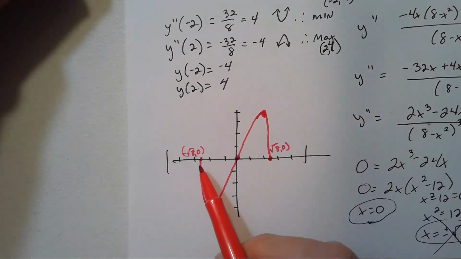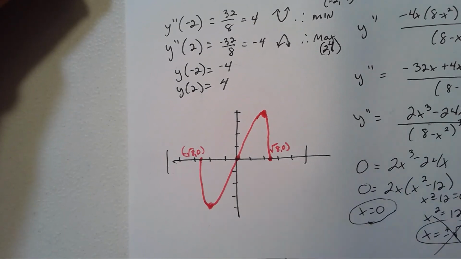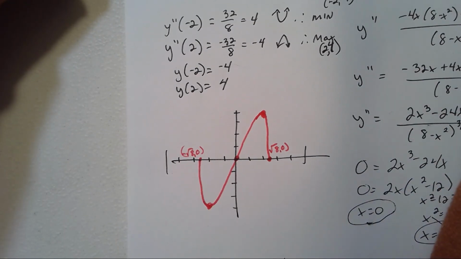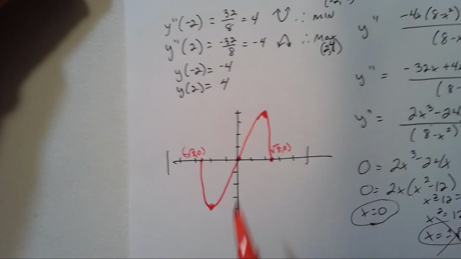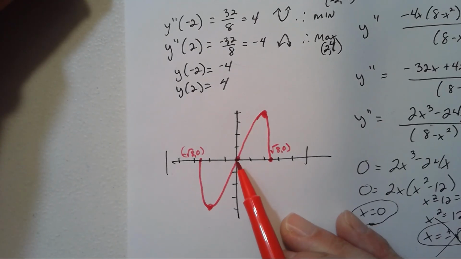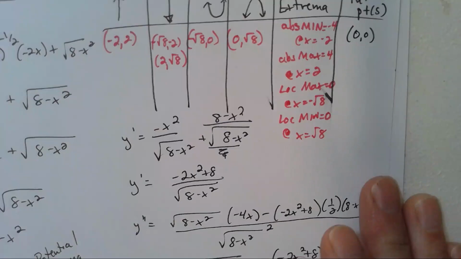We have a local maximum equal to 0 at x equals negative square root of 8, and we have a local minimum equal to 0 at x equals square root of 8, and the only inflection point is at 0. So there's my chart of answers.